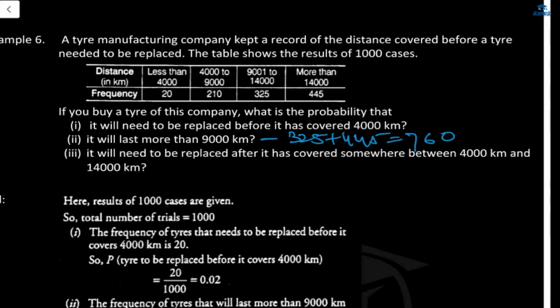So we can take 20, add it to 120, and then add that to 325. That will give 555, and that divided by 1,000 is 0.555. Yes.